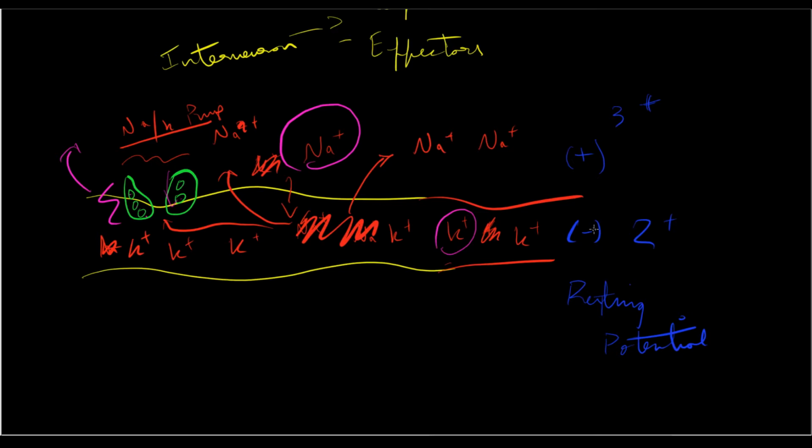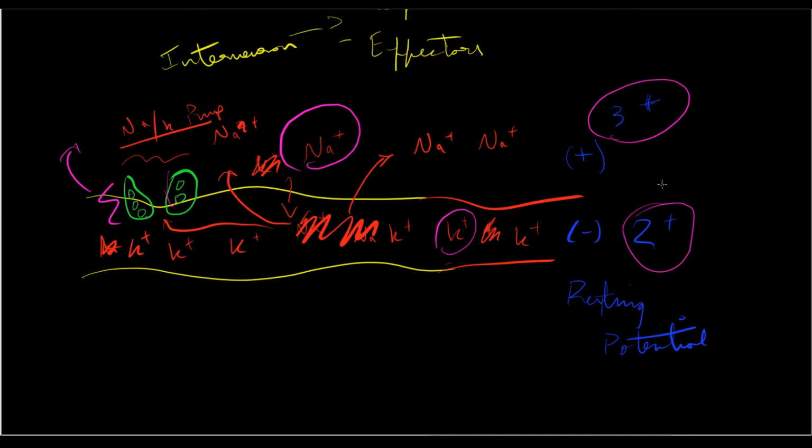But anyways, if you look at it, if we only had 5 ions in total in this whole system here, 3 would be on the outside, 2 would be on the inside, like I wrote down here. So 3 plus outside, 2 plus inside. If each of those are positive, then the outside is going to be more positive than the inside.